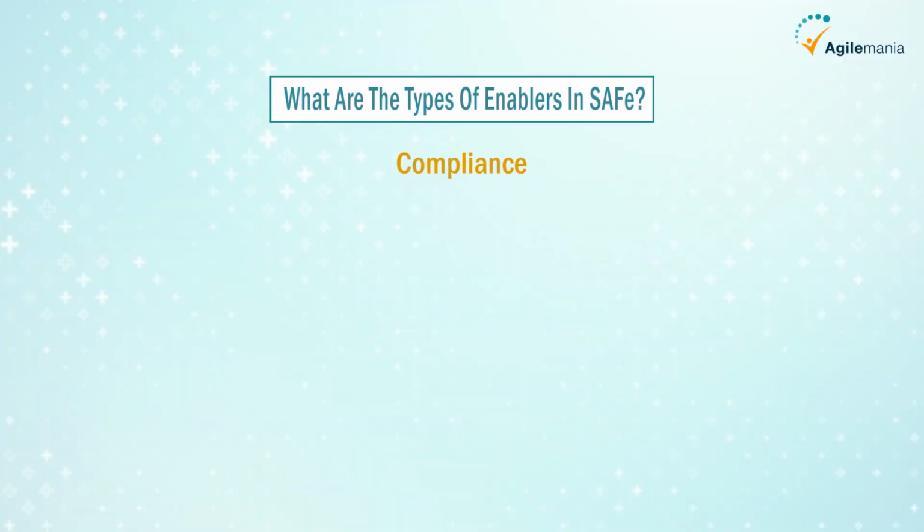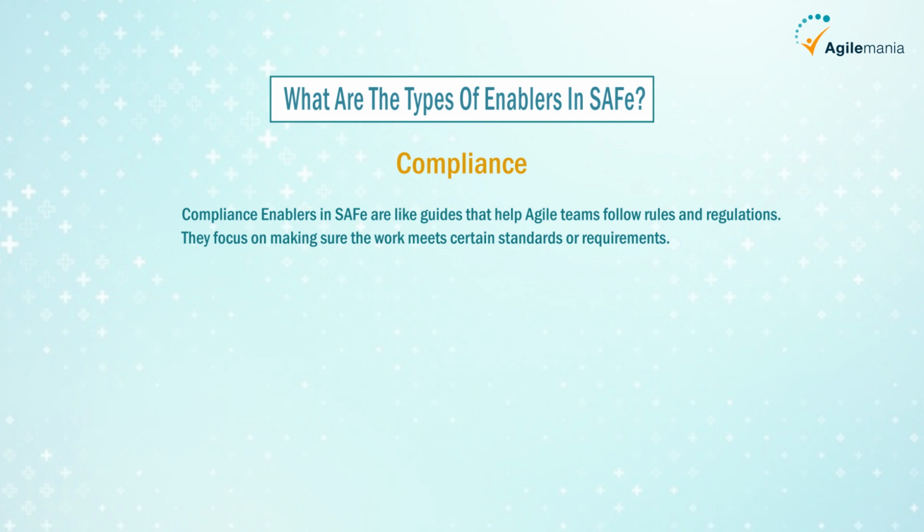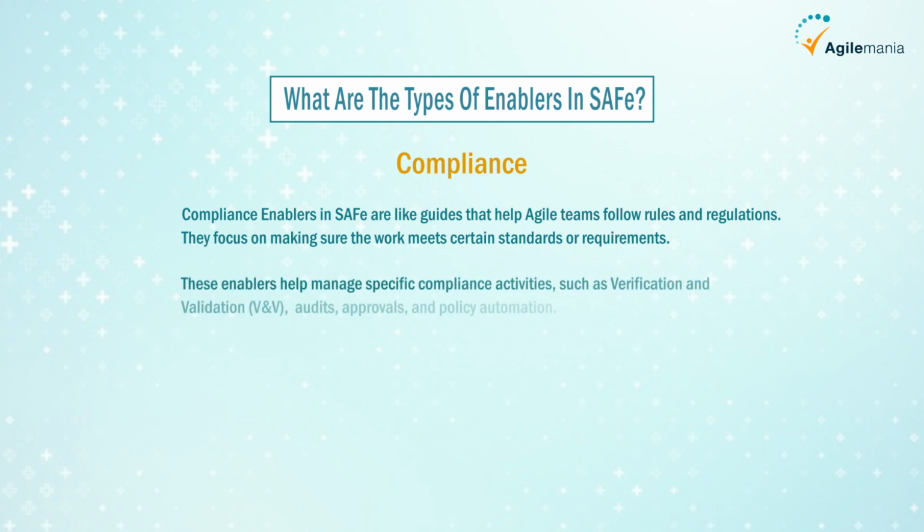And last is compliance. Compliance enablers in SAFe are like guides that help agile teams follow rules and regulations. They focus on making sure the work meets certain standards or requirements. These enablers help manage specific compliance activities, such as verification and validation, V and V, audits, approvals, and policy automation.